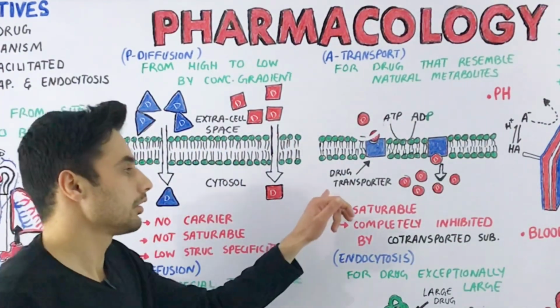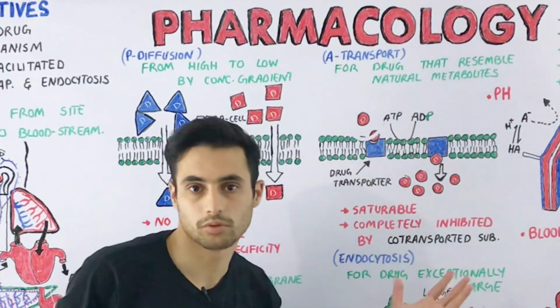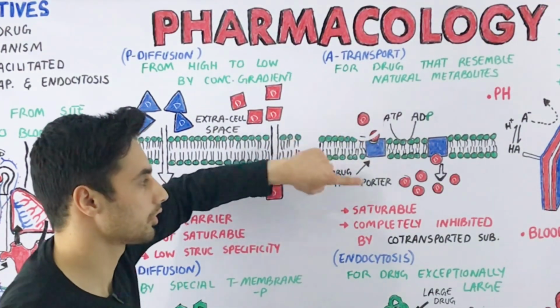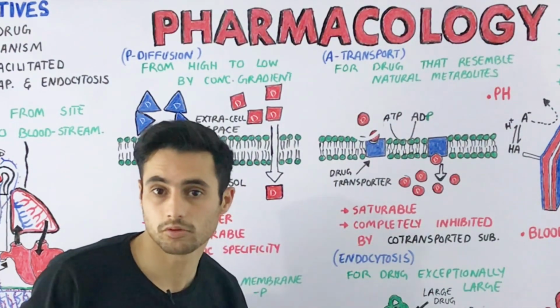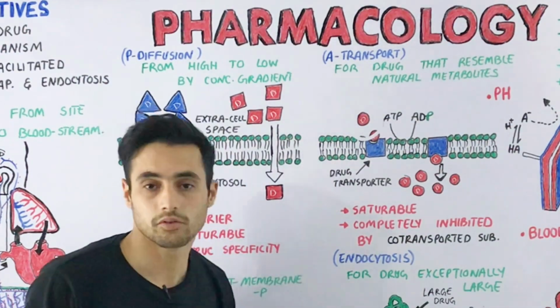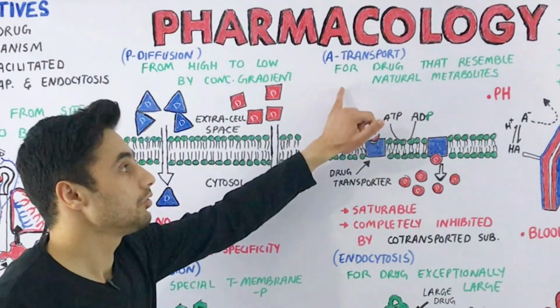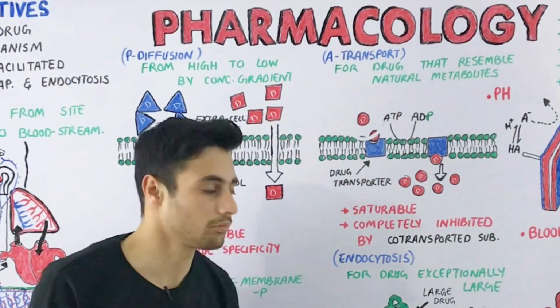Now, again, the drug transporter is involved, so again it is saturable, because when all of these drugs are bound with this drug transporter molecule, no drug transporter is left, so it is saturable. It involves the energy in the form of adenosine triphosphate. It is used for those drugs which resemble the naturally occurring metabolites.